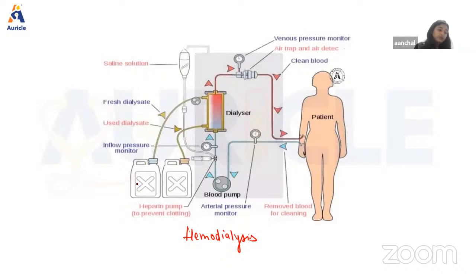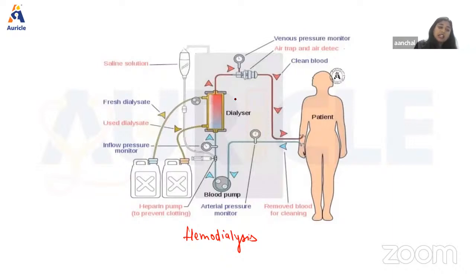Fine. Now, inside the artificial kidney, the blood passes through a dialyzer, which is also known as a hemofilter. This contains minute channels, small channels, which are interposed between two cellophane membranes.